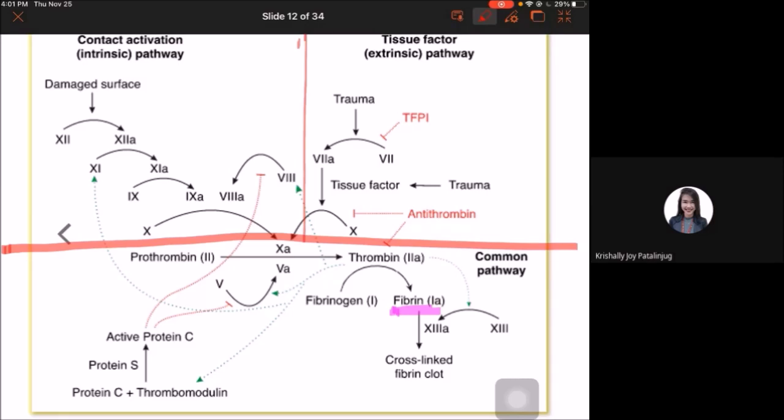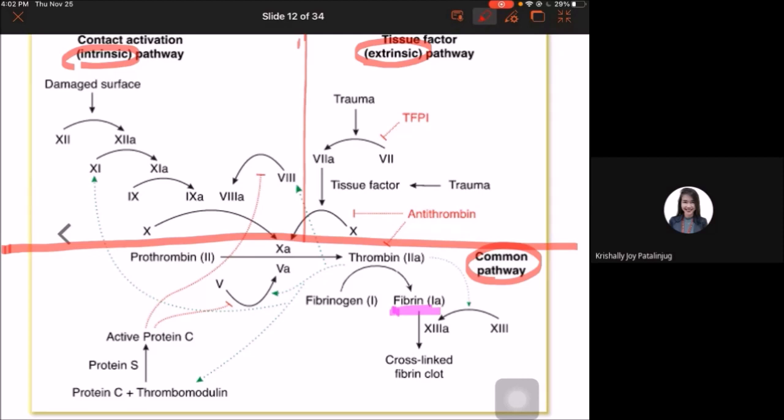So, una, we have the intrinsic pathway. We also have the extrinsic pathway. And finally, common pathway. So, intrinsic, extrinsic, common pathway. Take note na atong mga designated clotting factors per pathway. Okay, so per pathway na atong mga involved nga clotting factors.